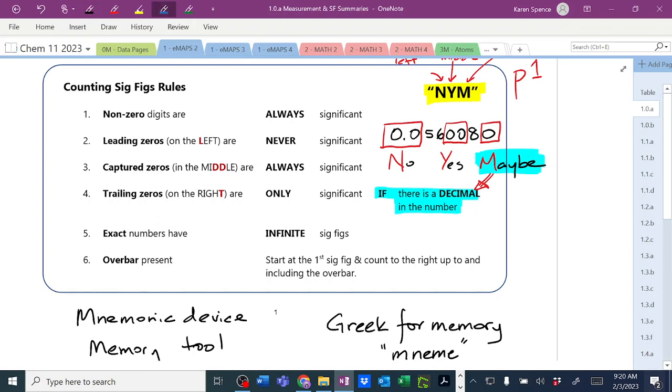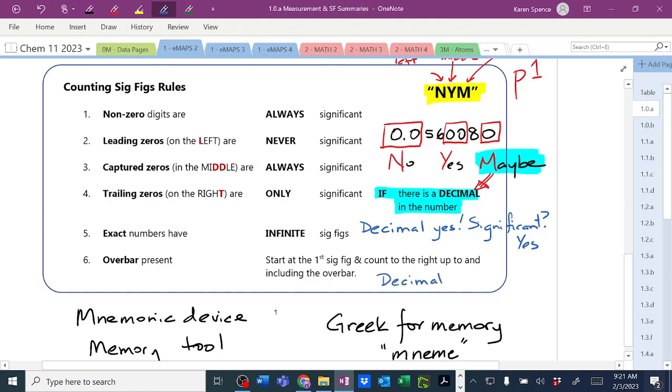If you say decimal yes, then you say significant yes. If you say decimal no, then you can say significant, no it's not.